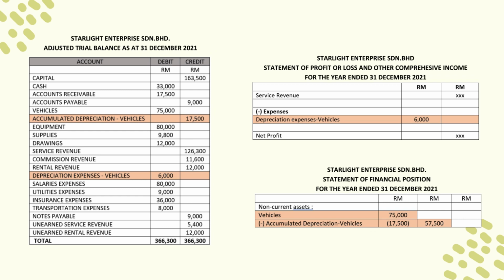And for the statement of financial position, you need to record it under the non-current asset, below the vehicles 75,000 ringgit. You need to minus the cost of vehicles with the accumulated depreciation for vehicles to get a net book value.